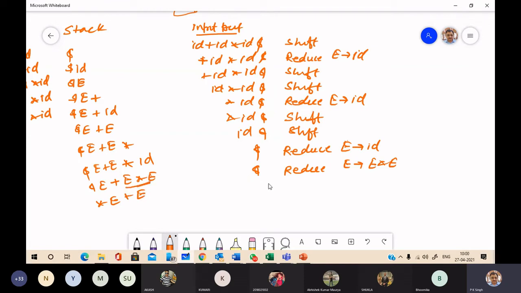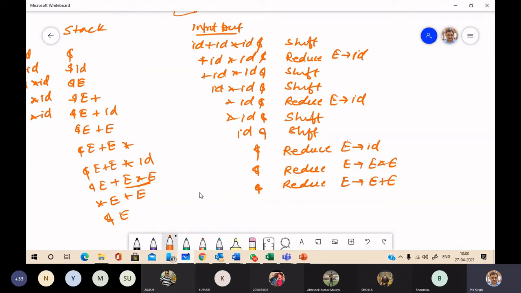Then, here you will get dollar. Next, reduce E plus E. You will get E, dollar.